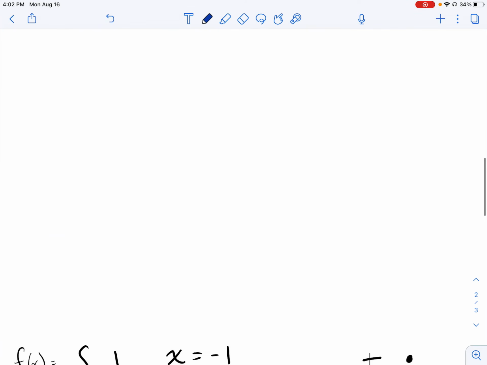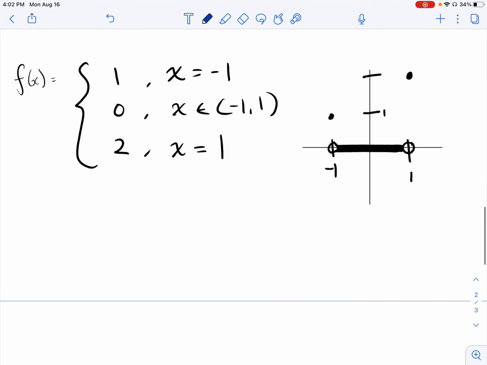As a counterexample to think about, look at this function here. I've given you a piecewise function. Ask yourself, is my function continuous from -1 to 1? Well, it clearly is. From -1 to 1, my function is indeed continuous.